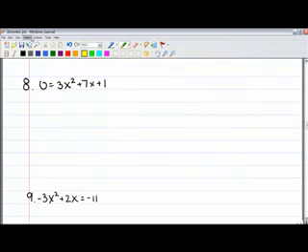Okay, 8, 9, and 10, quadratic formula. So you want to make sure that your quadratic is in standard form, ax squared plus bx plus c, and then we want that equal to 0. So that's a nice start for number 8. Remember, the quadratic formula is going to tell you where your quadratic is equal to 0.